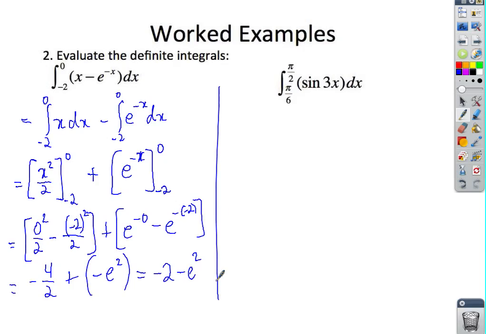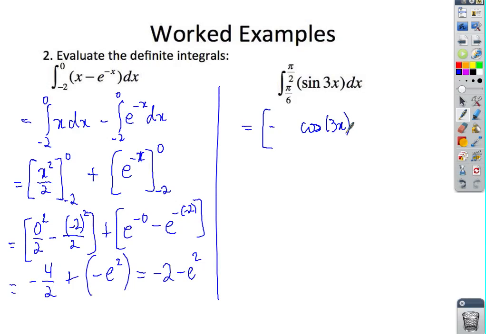All right, the next question with the sine in it. So again, we're first going to perform the integration. Again, you should be able to integrate functions of this form. So the integral of sine 3x, you should know, is negative cos 3x.